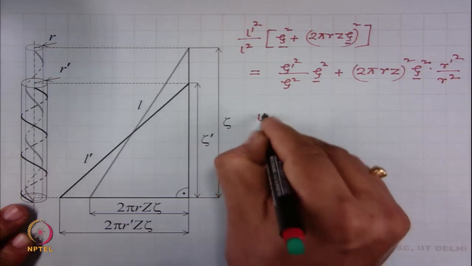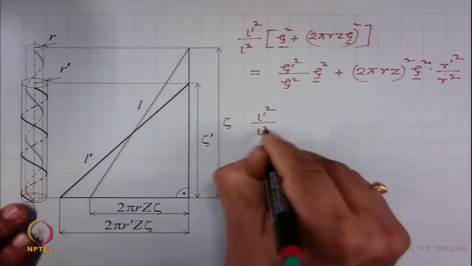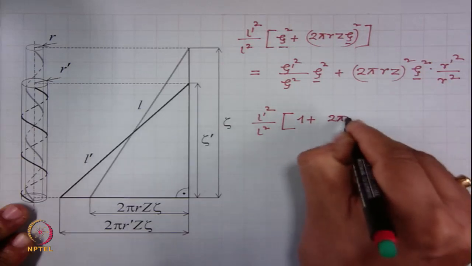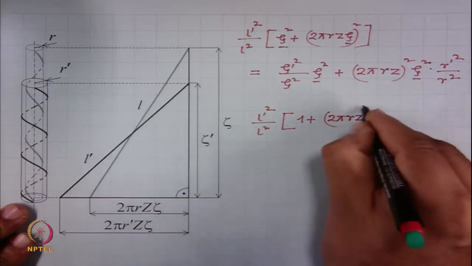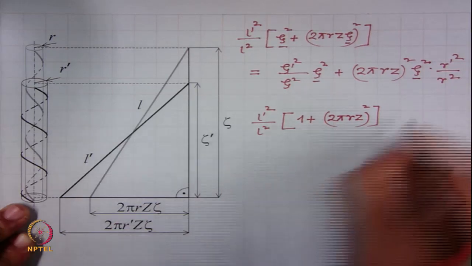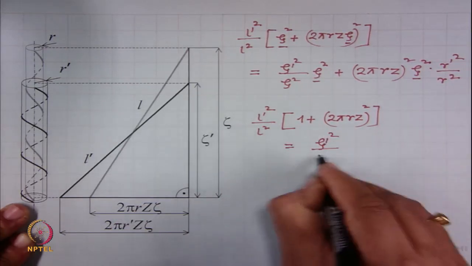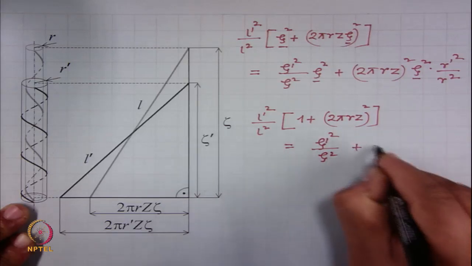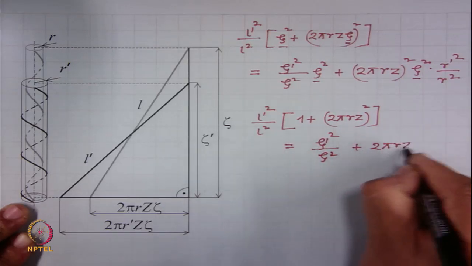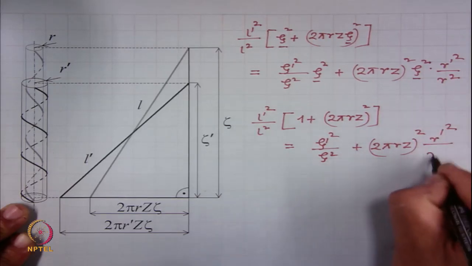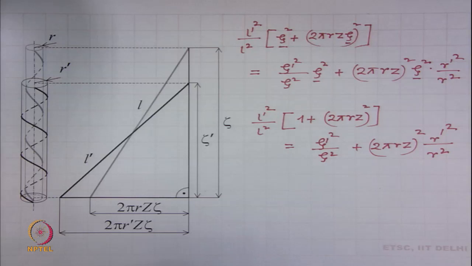So, what we get is 1 plus 2 pi r z square is equal to zeta prime square zeta square plus 2 pi r z square by r square, right.